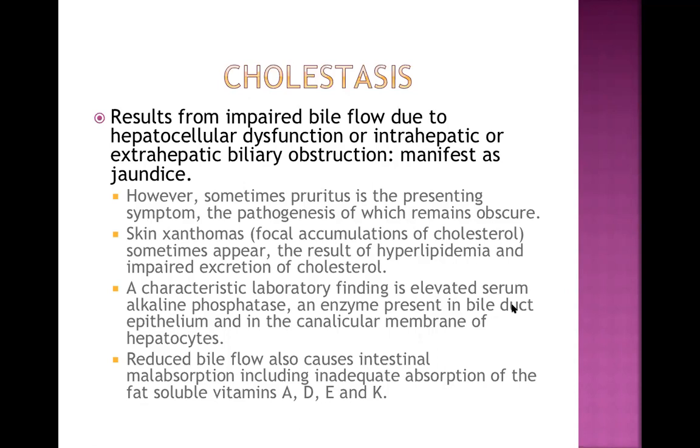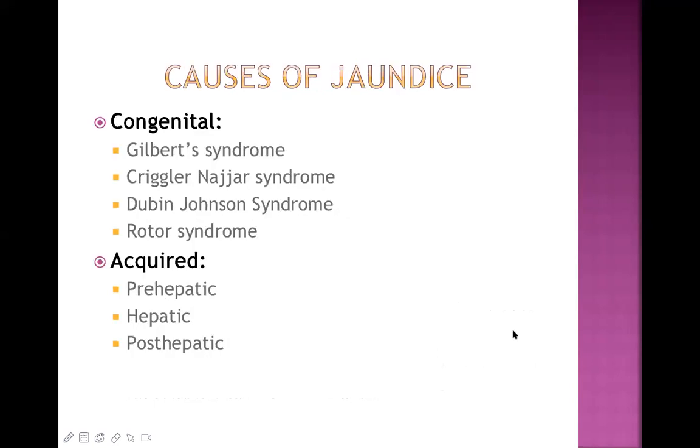So without bile, this process cannot occur. So even fat soluble vitamins cannot be absorbed, and fat soluble vitamins are vitamin A, D, E and K. So there will be deficiency of these vitamins in case of long-term obstructive jaundice. Don't forget that it is connected with fat malabsorption.